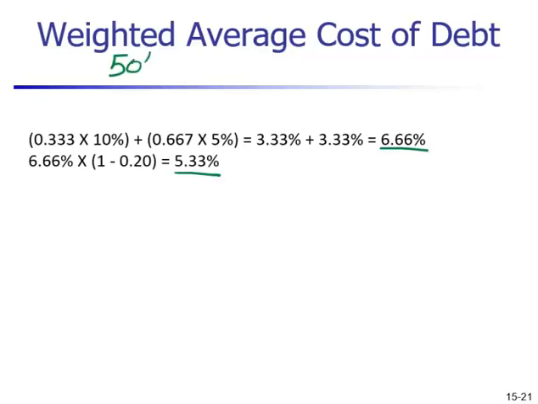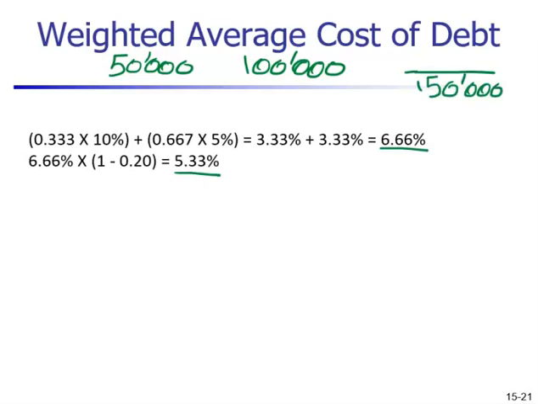One of them, 50,000, the other 100,000. So when it says weighted, the total amount of loan that you have is 150,000. So how much of this 150,000 is the first loan, and how much is the second loan?